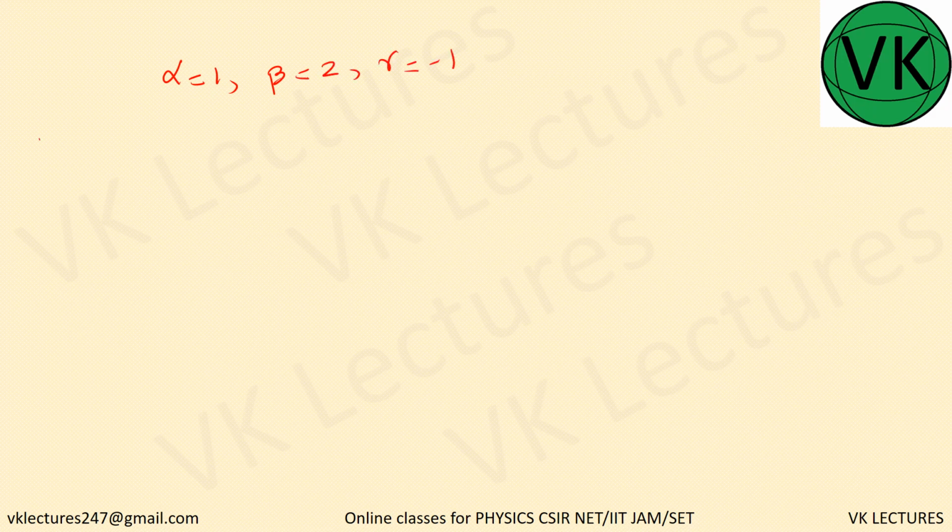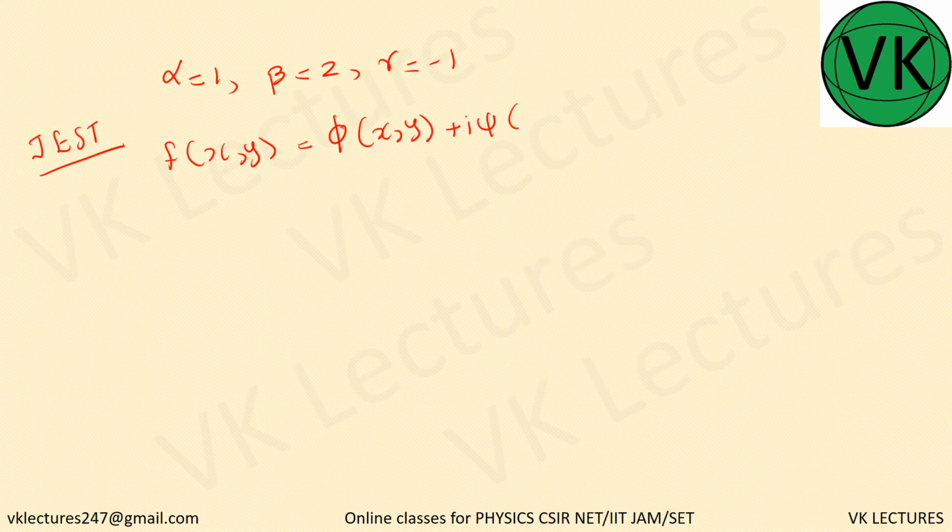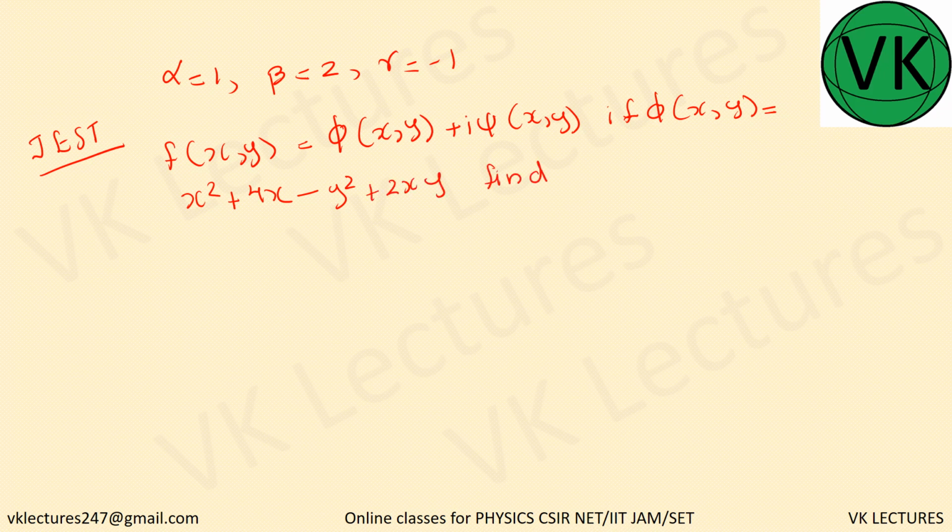And next is the question asked in JEST. If f of xy is equal to phi of xy plus i psi of xy, if phi of xy is equal to x square plus 4x minus y square plus 2xy, find psi of xy.